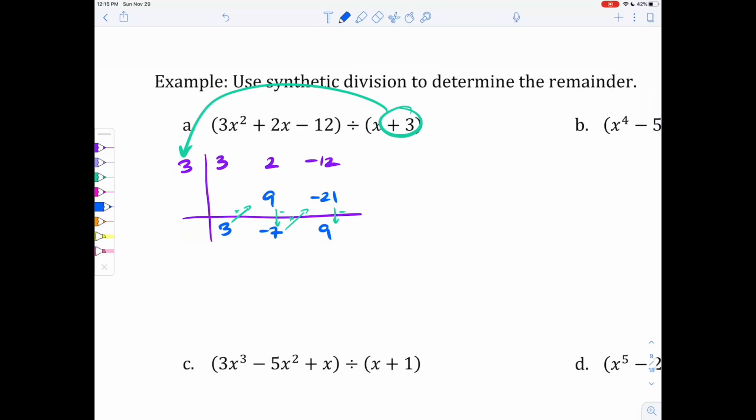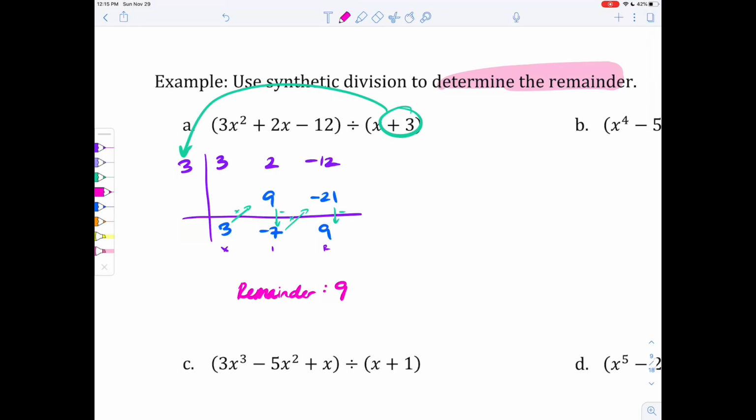So remembering that what these tell us is that this last number here is the remainder. This is how many 1s, and then this 3 is how many x's. All we're concerned with in this case is the remainder itself. So we can just say that the remainder is 9.